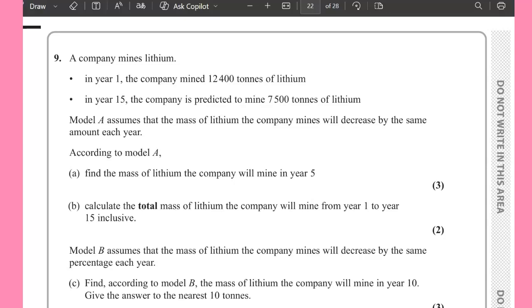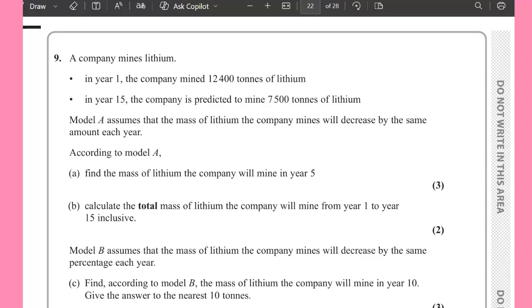According to Model A, find the mass of lithium the company will mine in 5 years. And part B, calculate the total mass of lithium the company will mine from year 1 to year 15 inclusive.